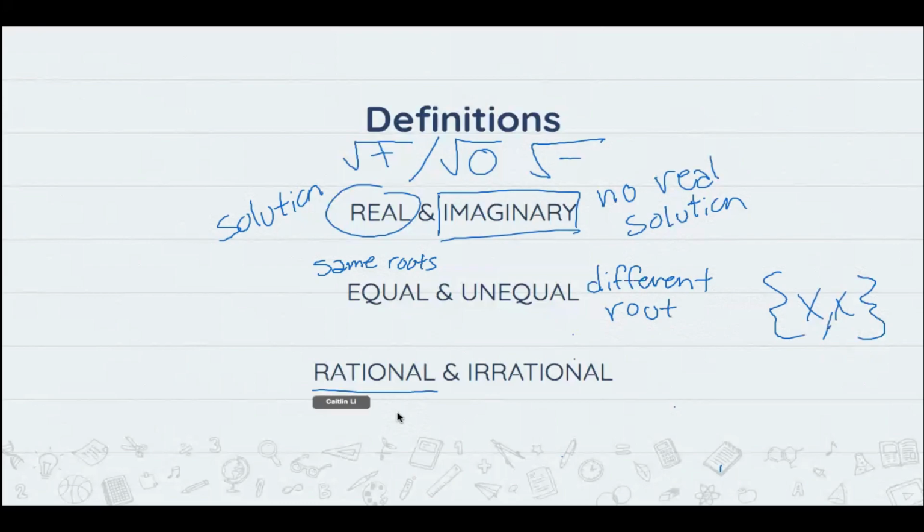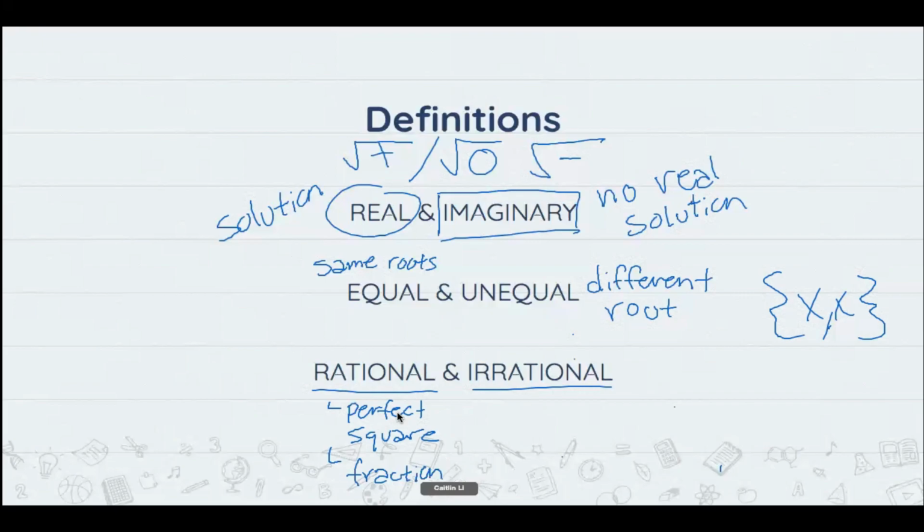And then rational and irrational, I think you know what that means, since you should have learned it back in elementary school. Just to summarize, it basically means that this can be a perfect square, and it could be written as a fraction.